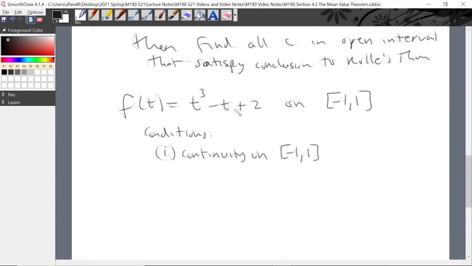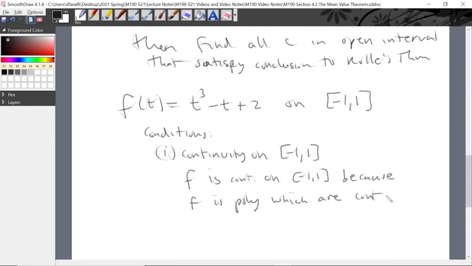So f is continuous on the closed interval -1 to 1. Why? Because f is a polynomial, and polynomials are continuous on all real numbers, -infinity to infinity. So -1 to 1 is a subset of where the function f would have been continuous. Therefore, f is continuous on that subset.